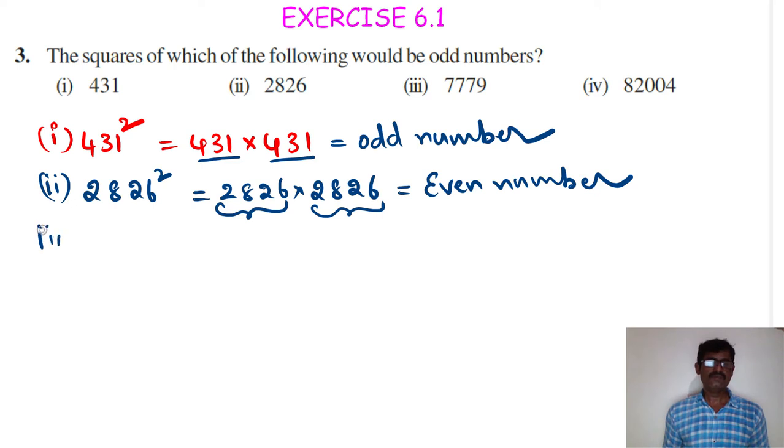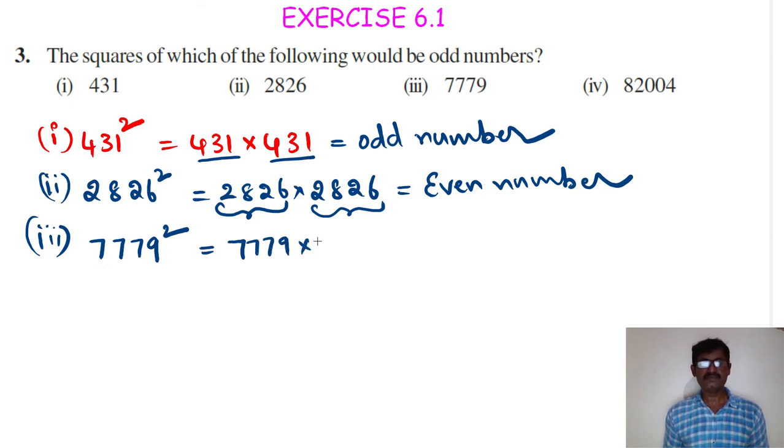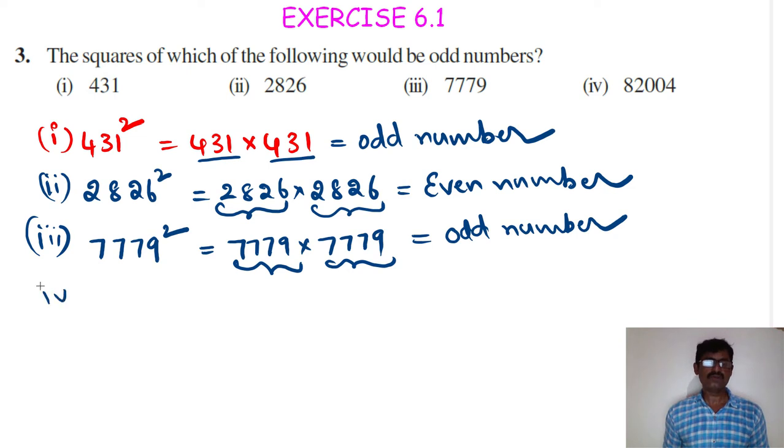Next problem, 7779 squared, which is equal to 7779 times 7779. Here these two are odd numbers. So odd number multiplied by odd number gives us again an odd number. Then fourth problem, 82,004 squared. Here 82,004 is an even number. So even number multiplied by even number gives us an even number.